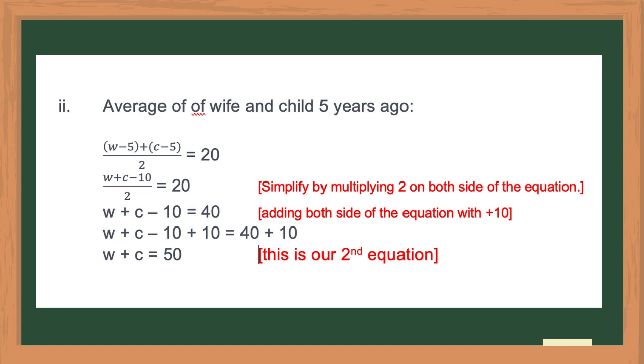Simplifying, we add the negative 5s. It becomes W plus C minus 10 over 2, equal to 20. Then we multiply both sides by 2. It becomes W plus C minus 10 equal to 40. And then we add positive 10 on both sides of the equation. From this, W plus C is equal to 50. So this is our second equation.